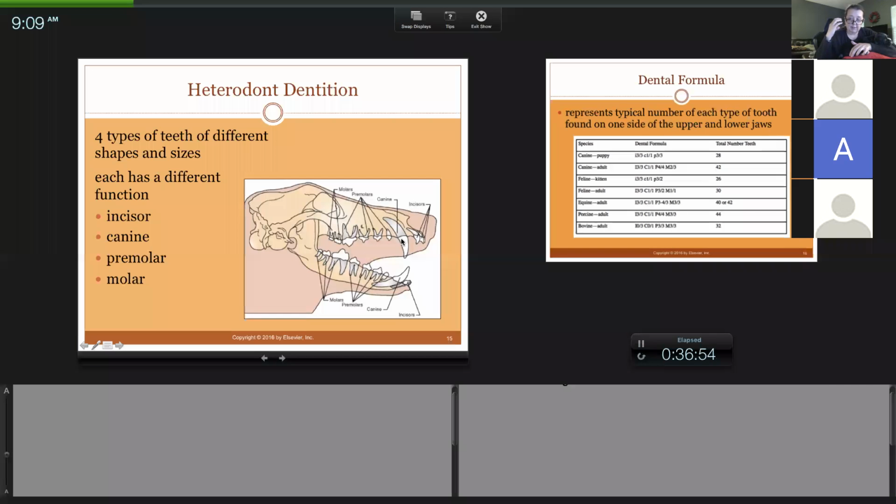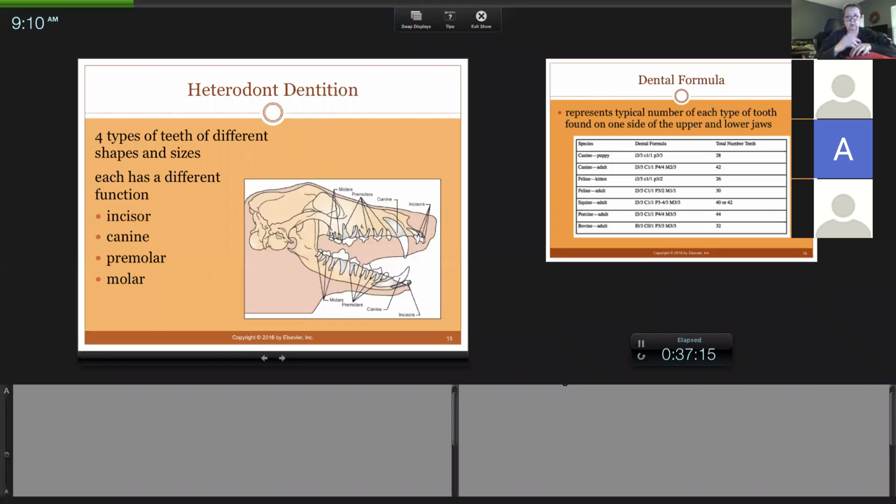So as the adult tooth comes in, it pushes out the puppy tooth. Most of the time, the owners don't even see these. It's usually as they eat and chew their food, they swallow them. I know that sounds weird, but usually that's what happens.